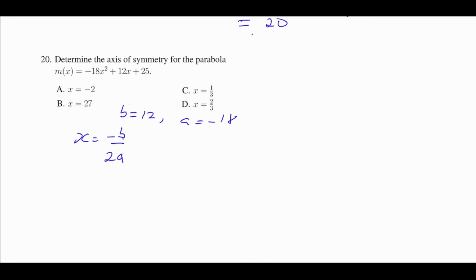So we substitute it inside the formula, and we have negative 12 over 2 bracket negative 18. If I do the math, I have negative 12 over negative 36, and then I'll have 1 out of 3 as my answer. And so the answer is C.